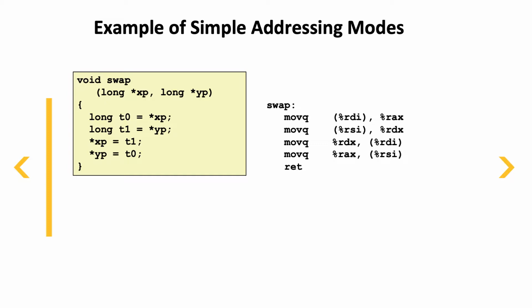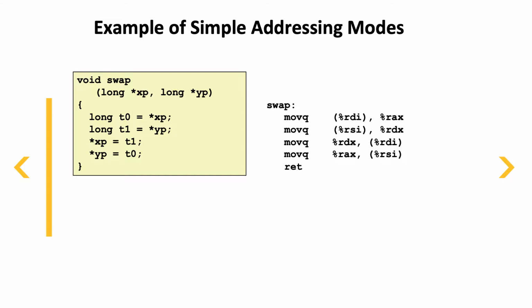What that translates to in assembly is we're going to move what's at the location in memory specified by what's in register RDI. Why? Well, remember from our figure when we were talking about registers, RDI stores the first parameter. So XP is the first thing we passed in, and RDI is going to store that.